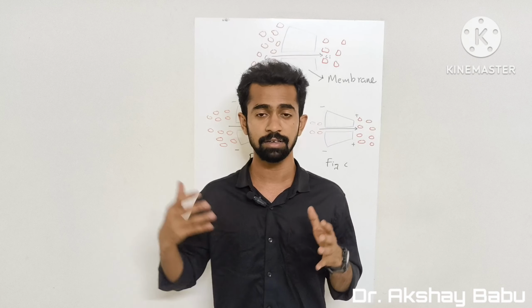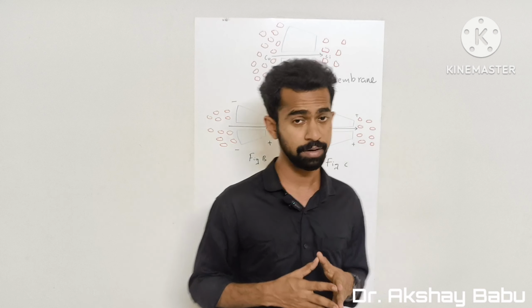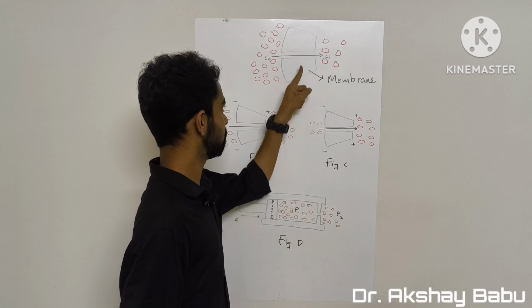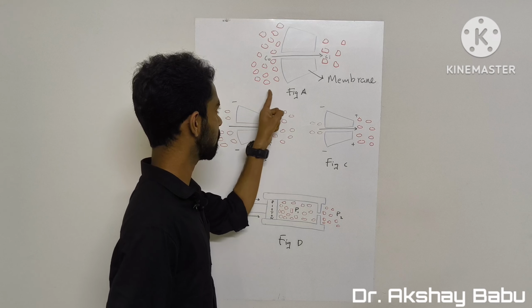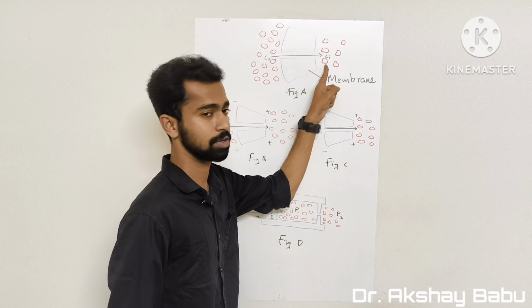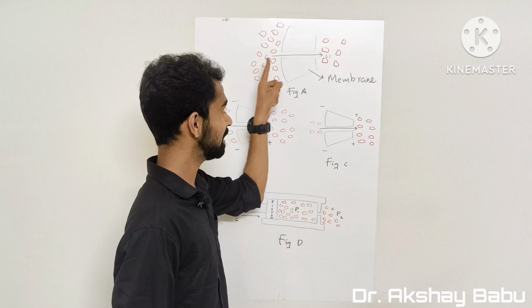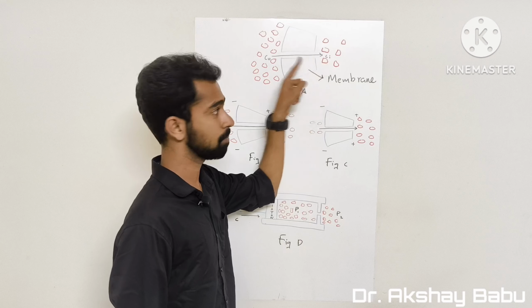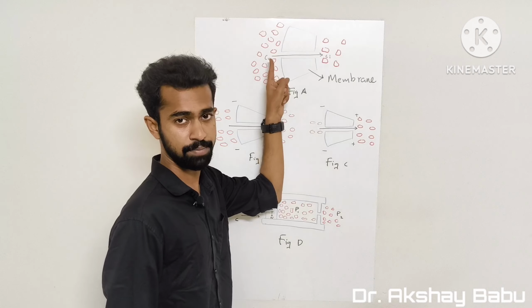Coming to the topic factors that affect net rate of diffusion. In this figure A, you can see there's a cell membrane with a higher concentration of substance on the outside of the cell membrane, whereas a lower concentration of substance on the inside. So here the rate at which substances diffuse inward is directly proportional to the concentration of substances present on the outside of the cell membrane.